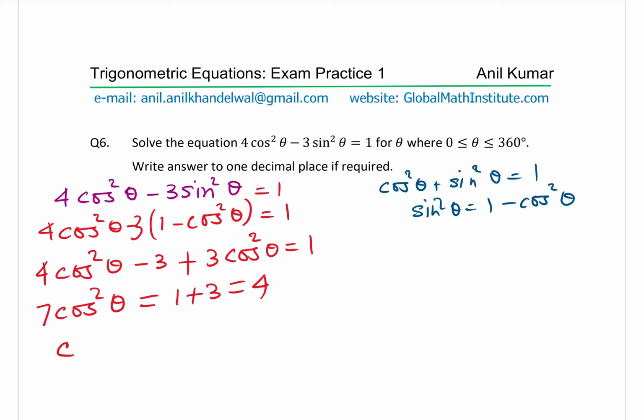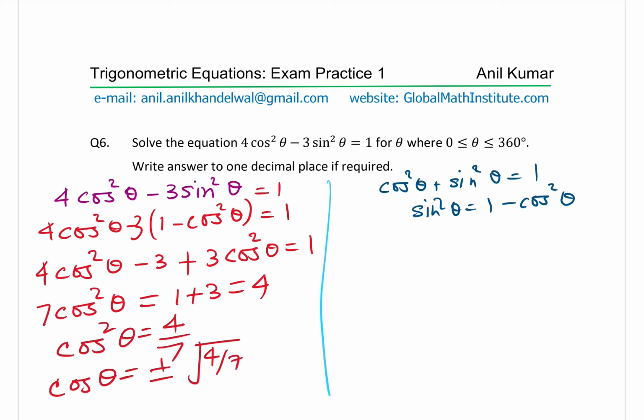And from here we can say cos square theta is 4 over 7, or cos theta is equal to plus minus square root of 4 over 7. So that is what we get. So that means all the four quadrants, right? Plus and minus.